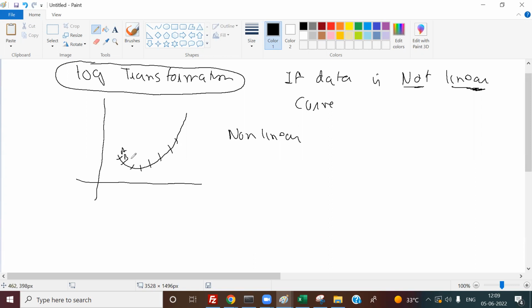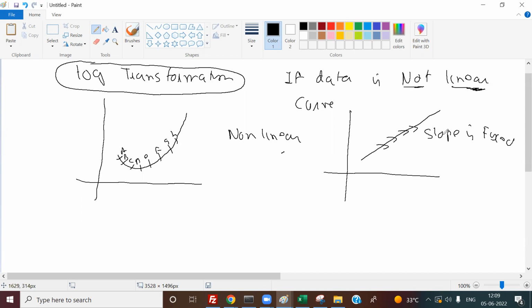Let's say point A, point B, C, D, E, F, G, H. On this non-linear data, try answering one simple question. Compare it with this thing. Let's say this is a straight line. On this straight line, slope is always fixed, right? But come on this part, on the diagram. Is the slope fixed? Kya slope fixed hai? Answer is no.